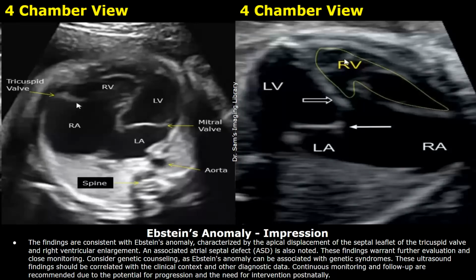Consider genetic counseling, as Ebstein's anomaly can be associated with genetic syndromes. These ultrasound findings should be correlated with the clinical context and other diagnostic data. Continuous monitoring and follow-up are recommended due to the potential for progression and the need for intervention postnatally.